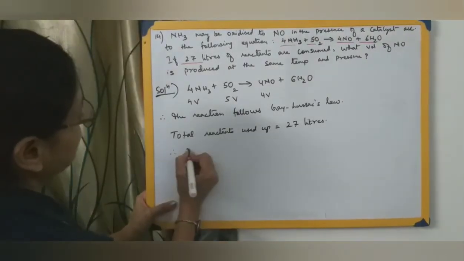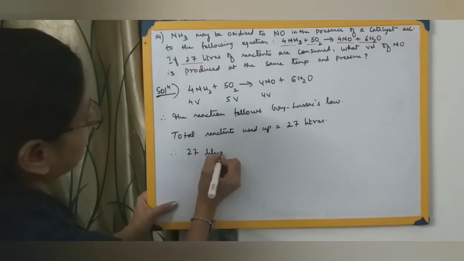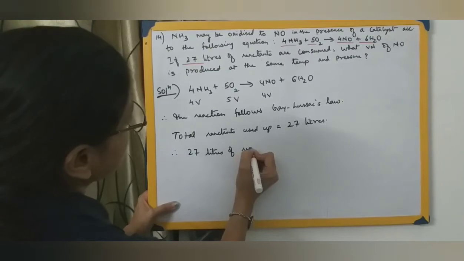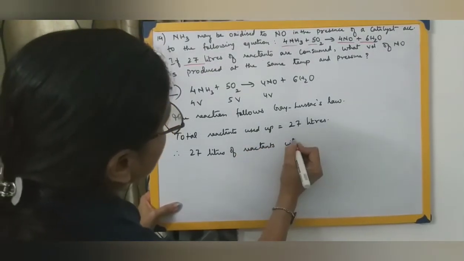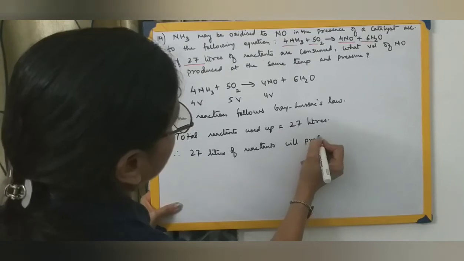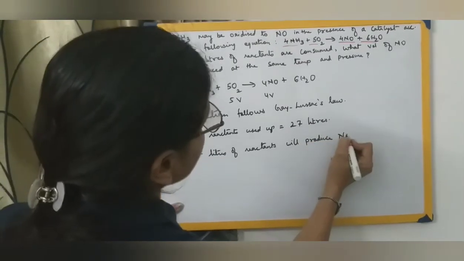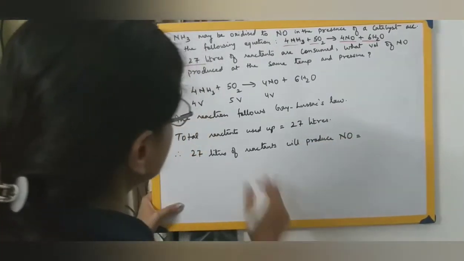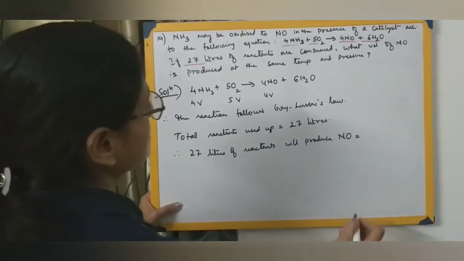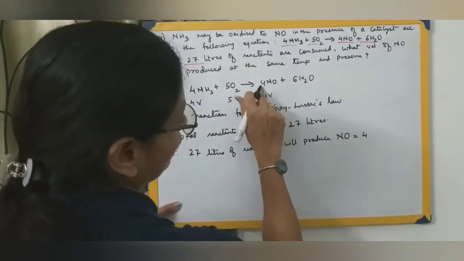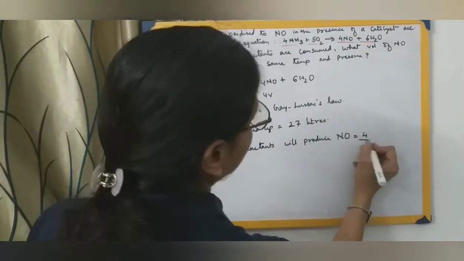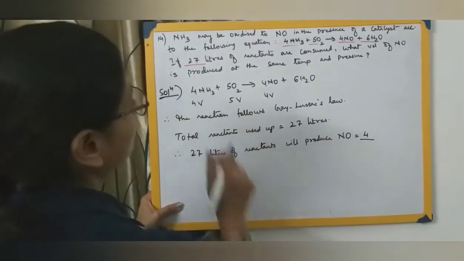Therefore 27 liters of reactants will produce nitrogen monoxide equal to, what will we do? The total is 27, so this will be 4. We have to find this. This 4 comes from here, and the total 5 plus 4 is 9 total volume.